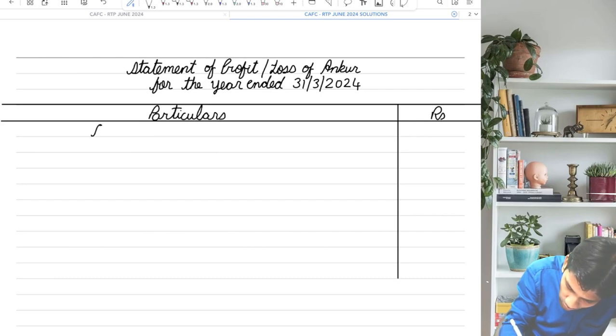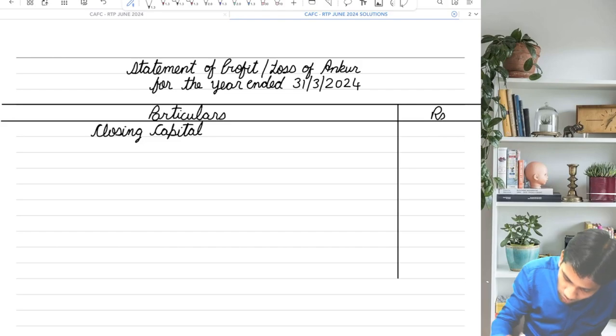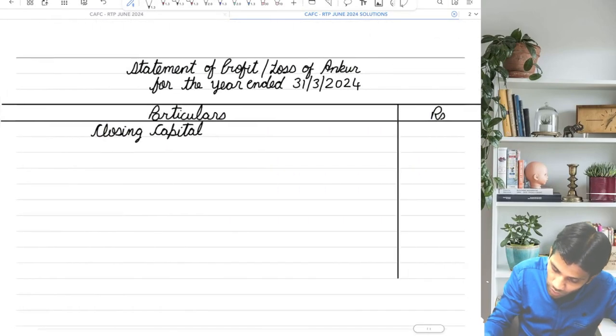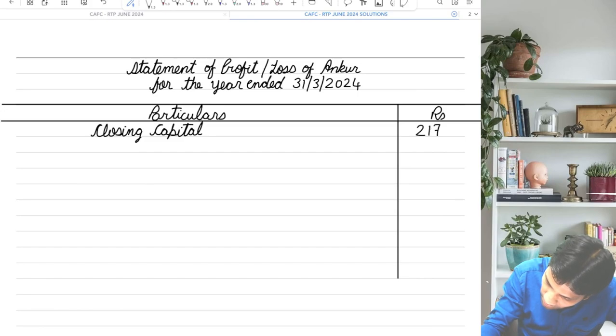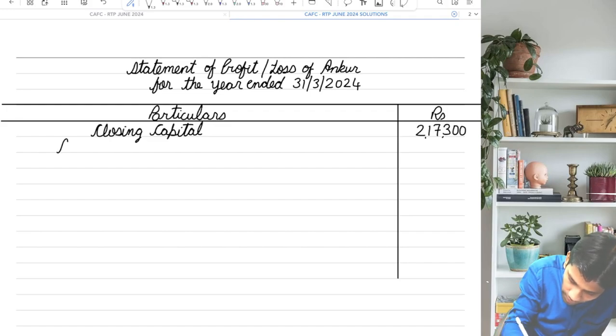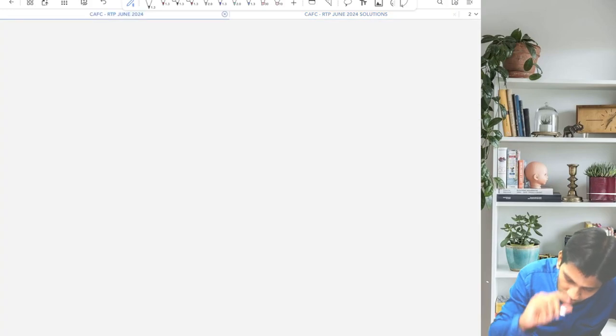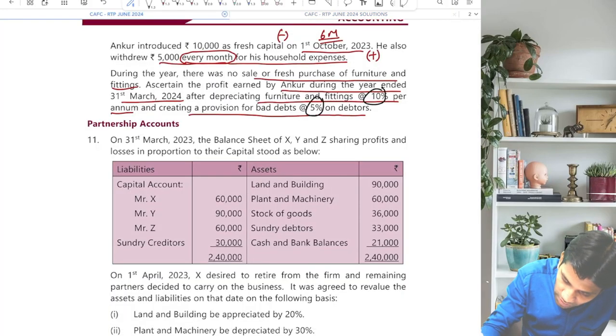We will start with closing capital. What was the closing capital we got? 2,17,300. In that we will add back drawings, which I think was given as 5,000 per month.